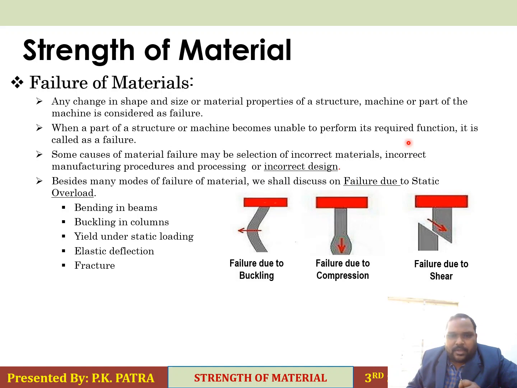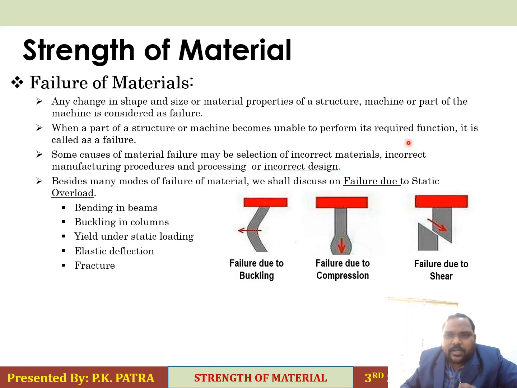Suppose a product is developed. Okay. Then I'm using that product. But when you are using that product, you have noticed that that product is not working properly. That means there is some defect in any part of the product. Yes, if there is defect, there is failure.